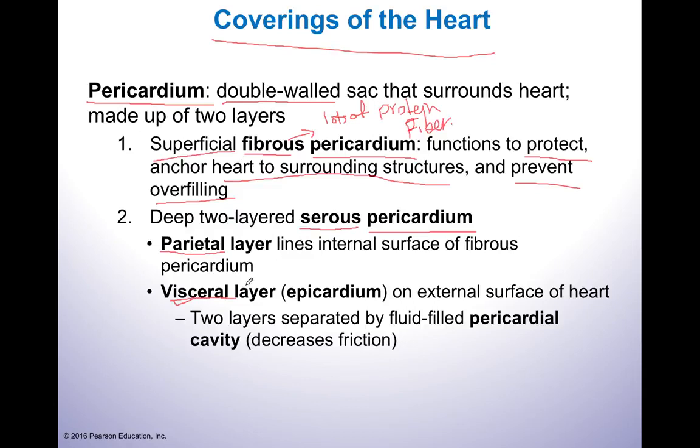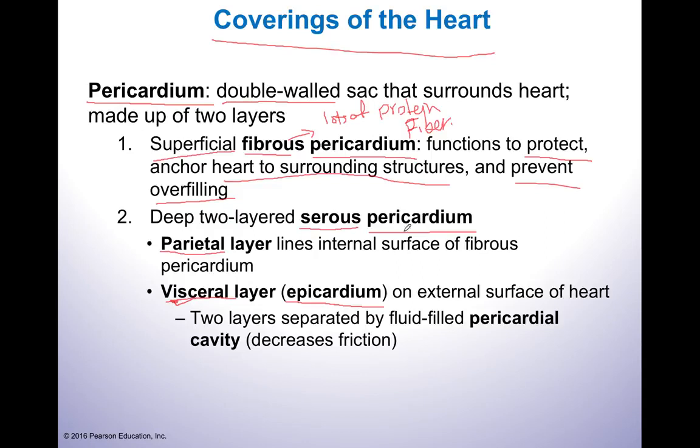The second layer, the inner layer of the serous membrane, which we call visceral, is part of the heart itself, and we refer to it as the epicardium. Epi implies above the heart. So the epicardium is the surface or part of the heart itself, and it is a layer of the heart and also part of the covering of the heart.